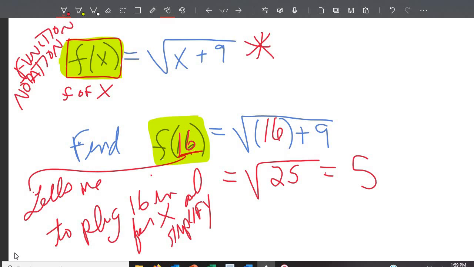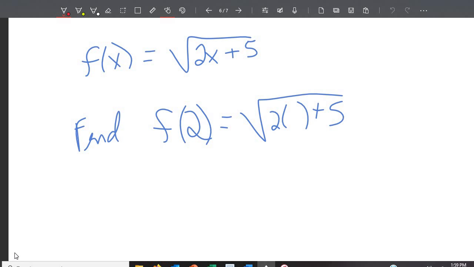If you're given that notation and you're given a little formula, you're going to be asked to find it for a specific number. Here's another example. F of x is this formula. It wants me to find what we call, how you read that is f of 2. Which is just a fancy way of saying, hey, substitute that 2 right here.